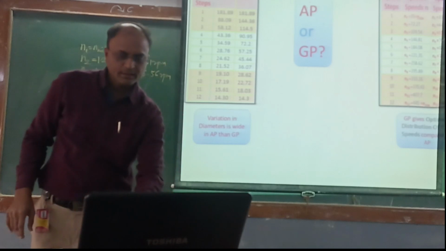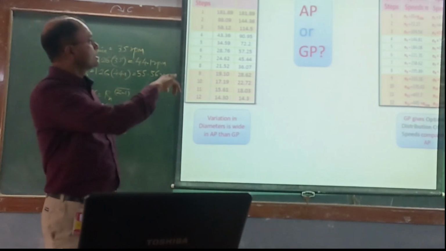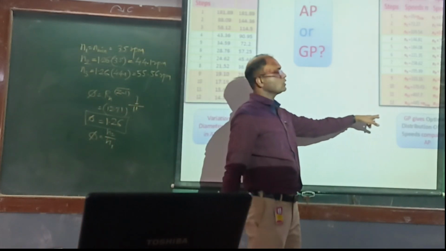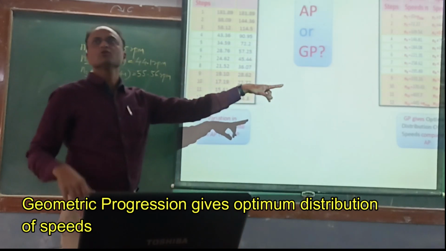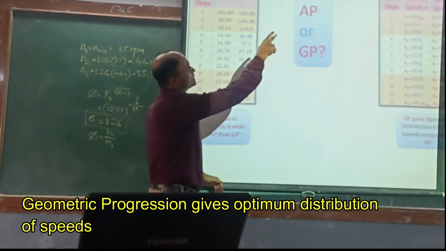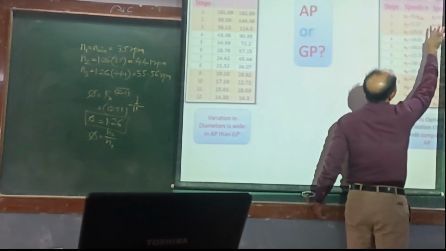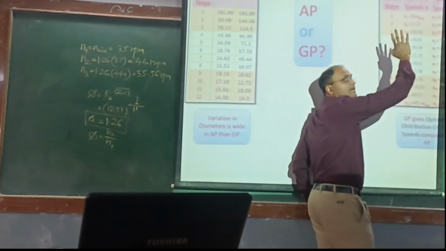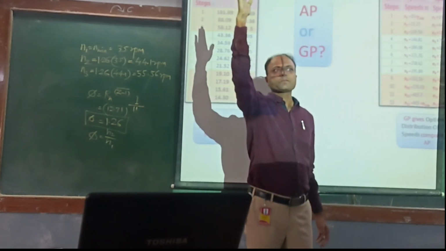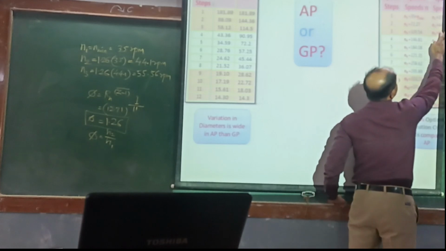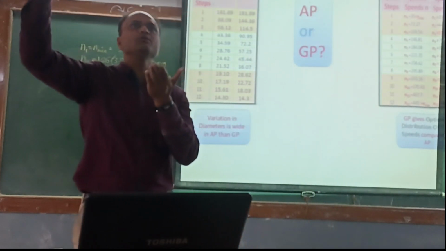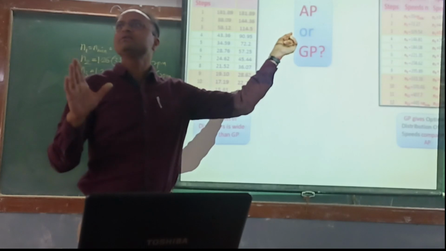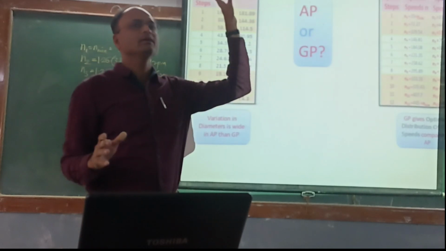Geometric progression gives optimum distribution of spindle speeds. You can see 35, here you get 44, here you directly get 72. Next you get 53, here you directly go to 109. So there is uniform distribution.